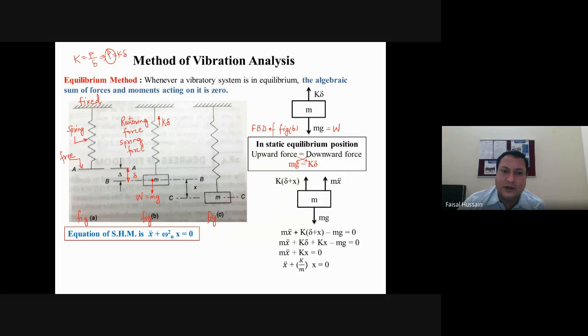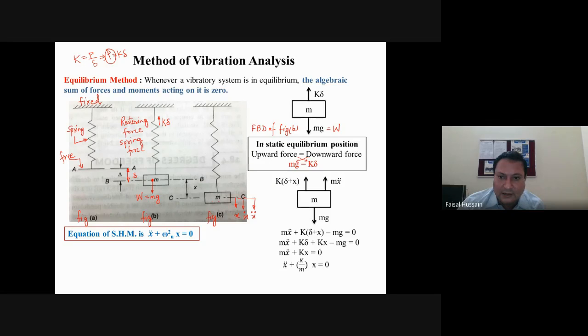If the displacement is in downward direction, the velocity will be in downward direction, and then the acceleration will also be in downward direction. Here x double dot is acceleration, x dot is velocity, and x is the displacement.